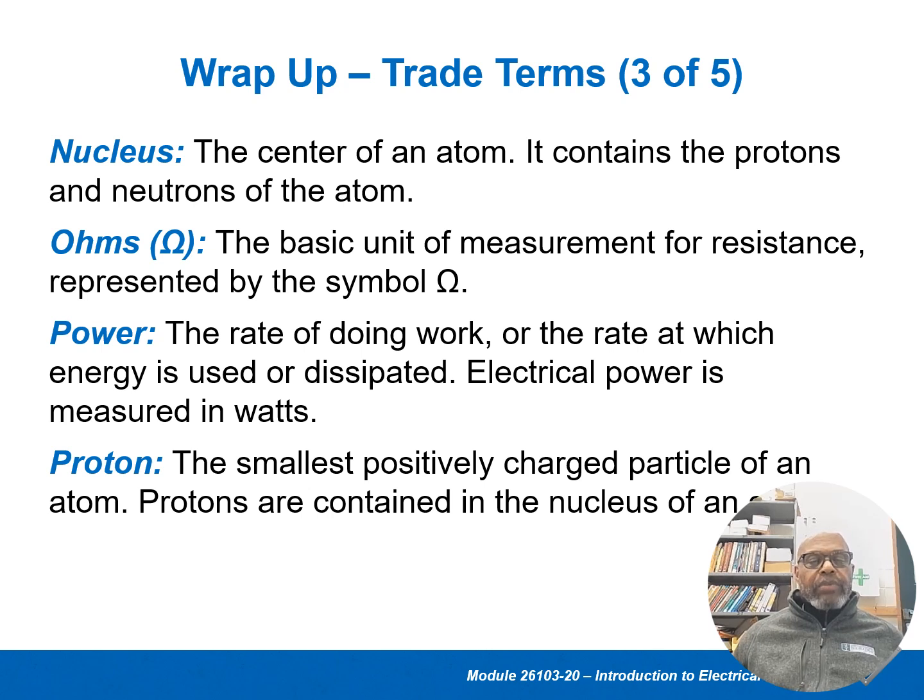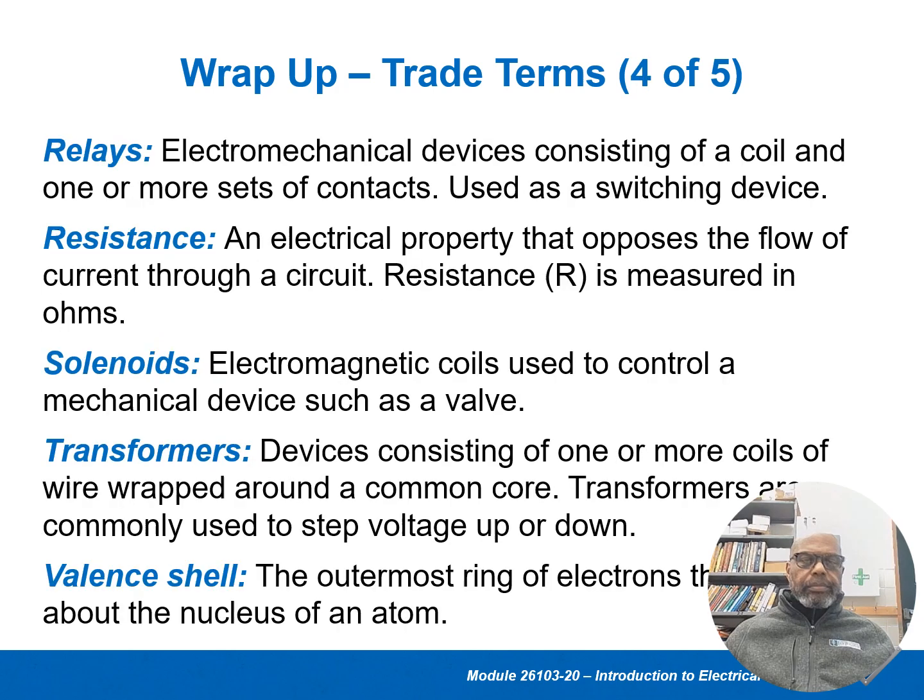And resistance is something that will slow down the flow of electrons. A proton is the smallest positively charged particle of an atom. And again, the protons are positively charged.